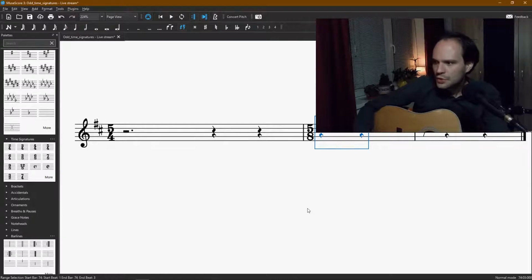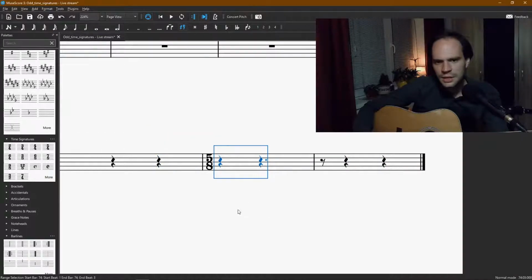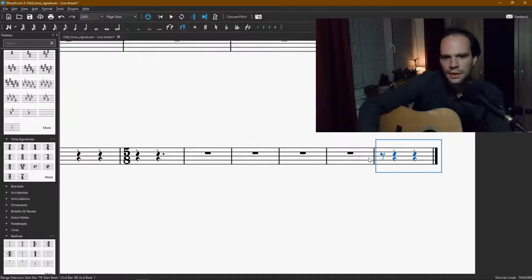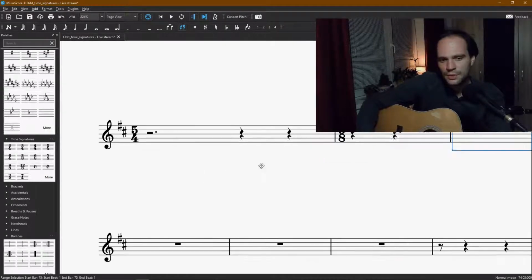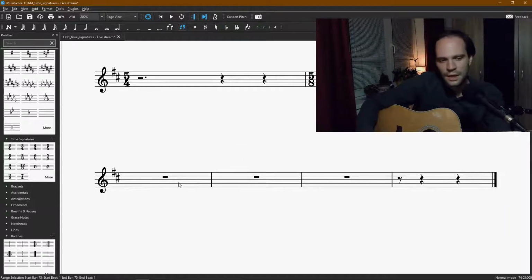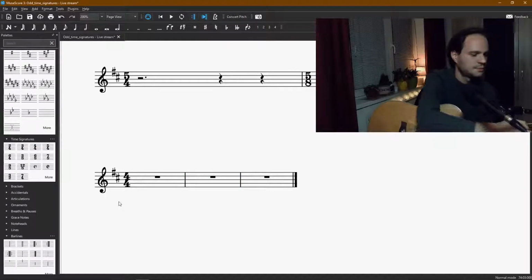Okay, so now to your question about chromatic line cliches. Let me add some more bars. And actually, chromatic line cliches, you hear them everywhere, so probably everybody is familiar with them.